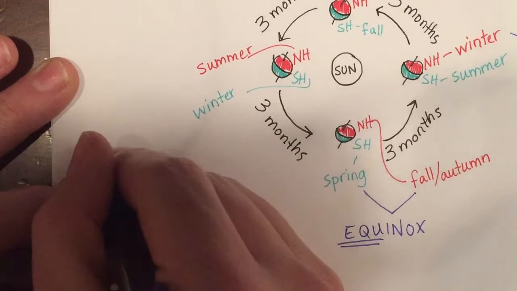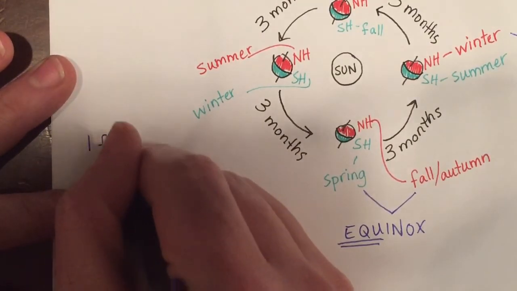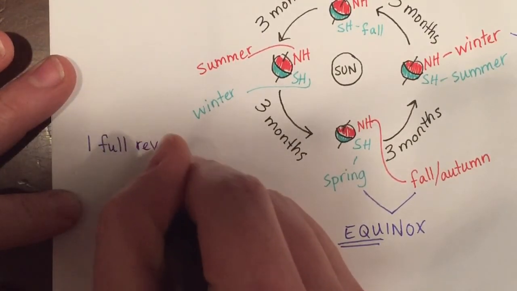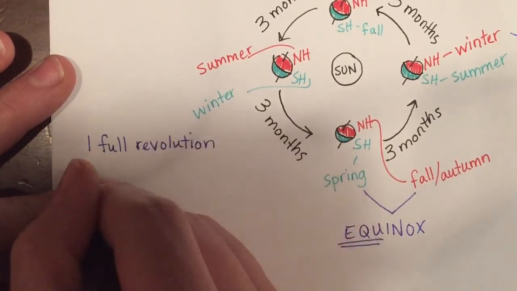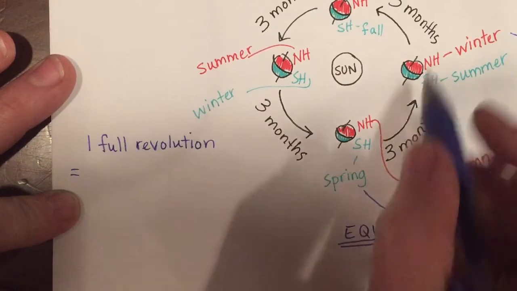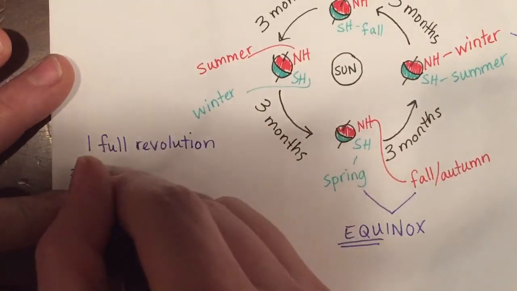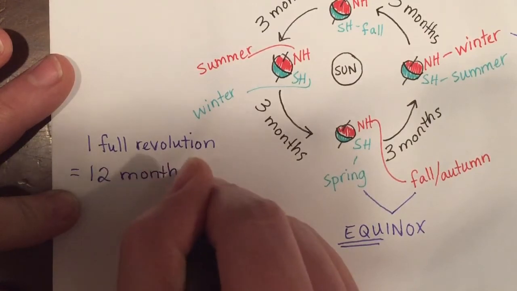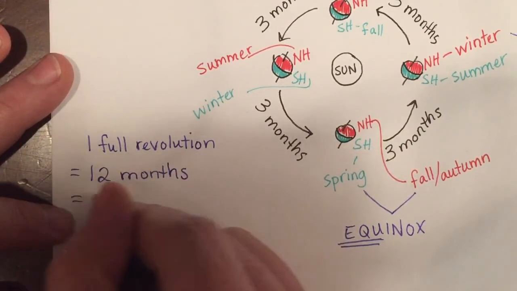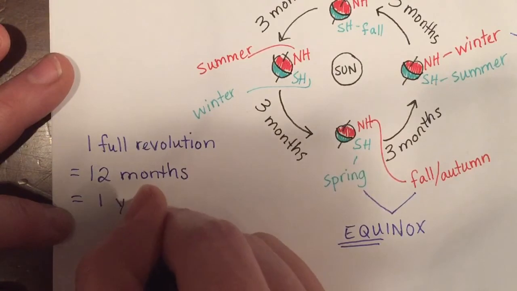Last thing we need to add, where you have space off to the side, please write that 1 full revolution equals 3, 6, 9, 12 months. Which is also said as 1 year.